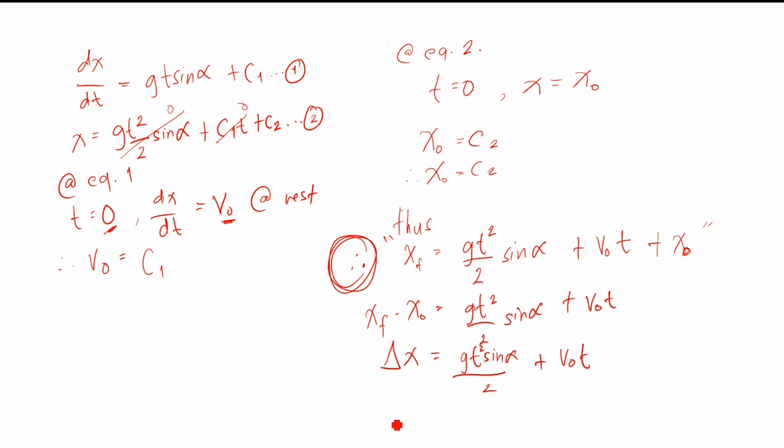Kung natandaan nyo yan, that is simply the change in x. Ito ang tatandaan na formula, 1/2 a t squared plus the initial velocity times time. Ito yung mga nasa book. And that is the derivation kung saan nanggaling yung formula na ito.